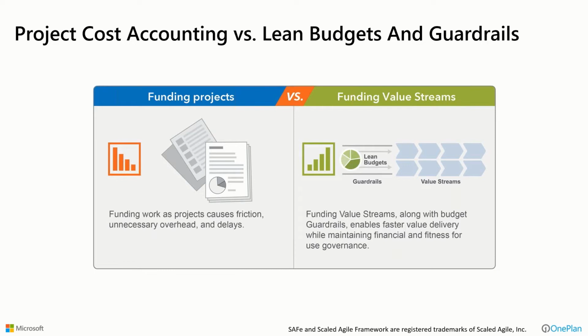And we can adjust as we have our intake and our authorization process, determine what efforts are going to consume the budget from the value stream, and see how we do that over the course of our funding cycles.